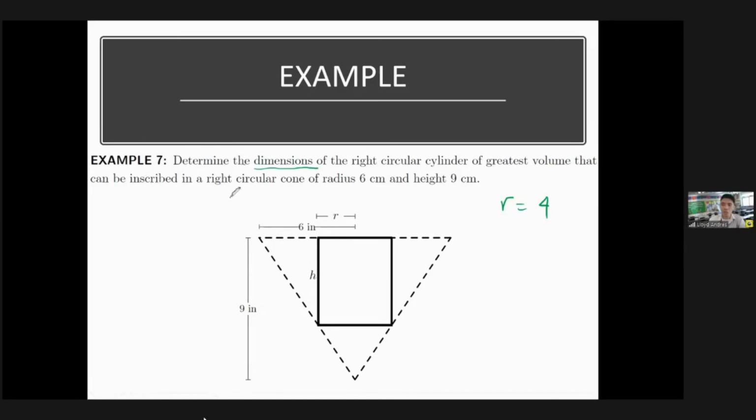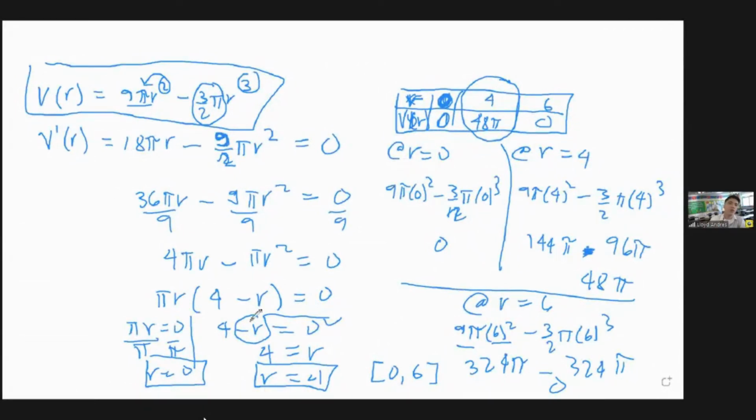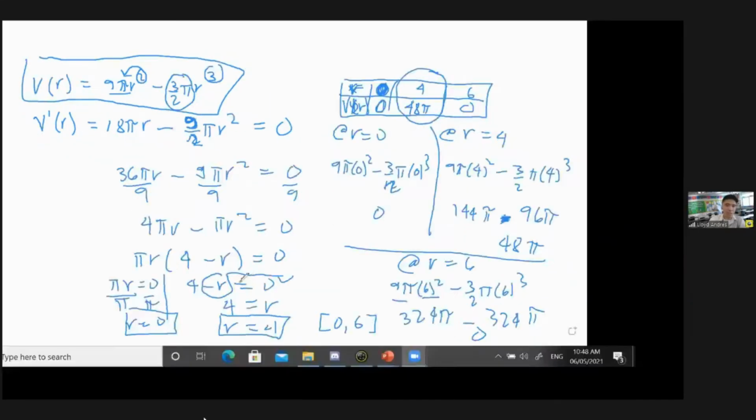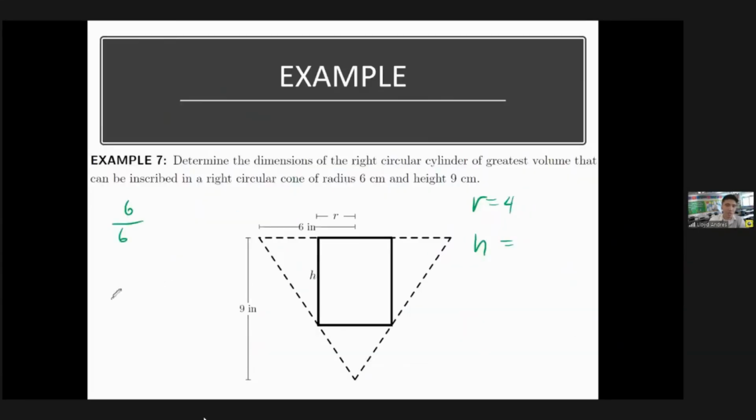So if our radius is 4, what is the height now? Our radius is 4, what is the height? So where do we find the height? Recall that 6 over 6 minus r equals 9 over h.